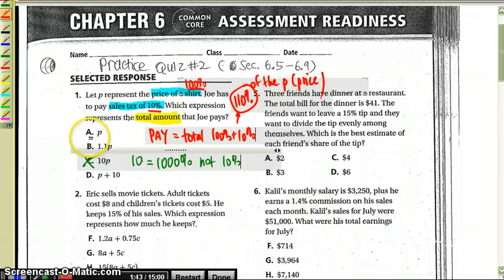Right, B, 1.1 times P, the price, will then give you the amount to represent an expression that Joe will pay for whatever the price of the t-shirt is, plus the 10% tax on top of it.